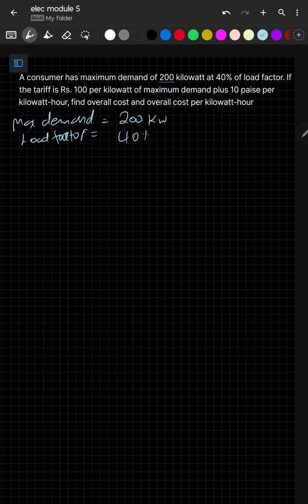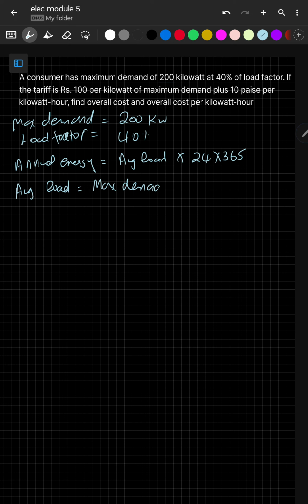So first let's try to find annual energy. Annual energy is equals to average load into 24 into 365. Do we know average load? We don't know. Average load is equals to maximum demand into load factor.